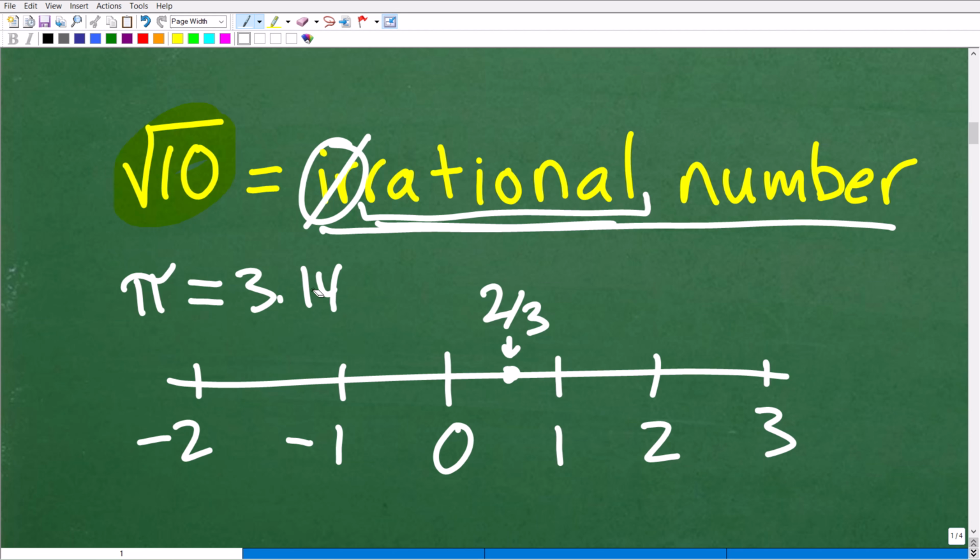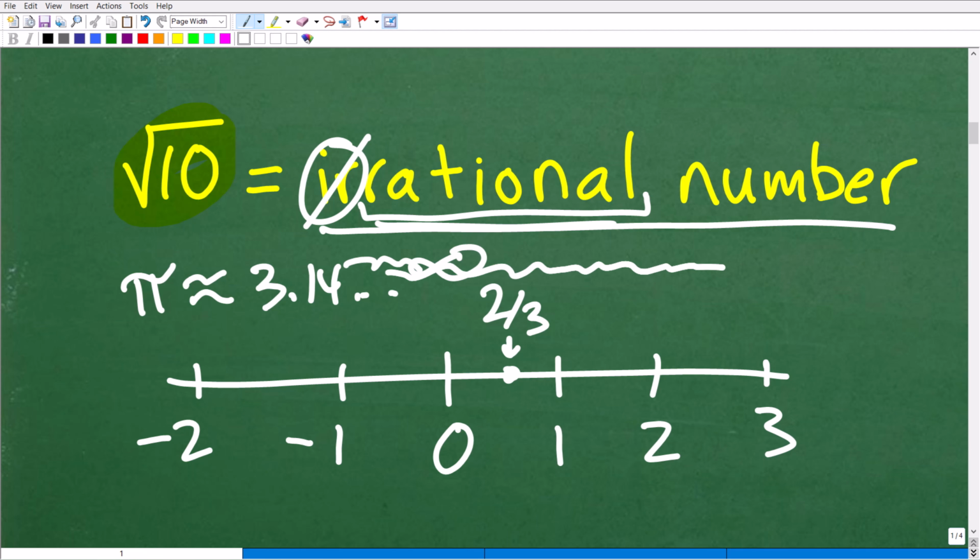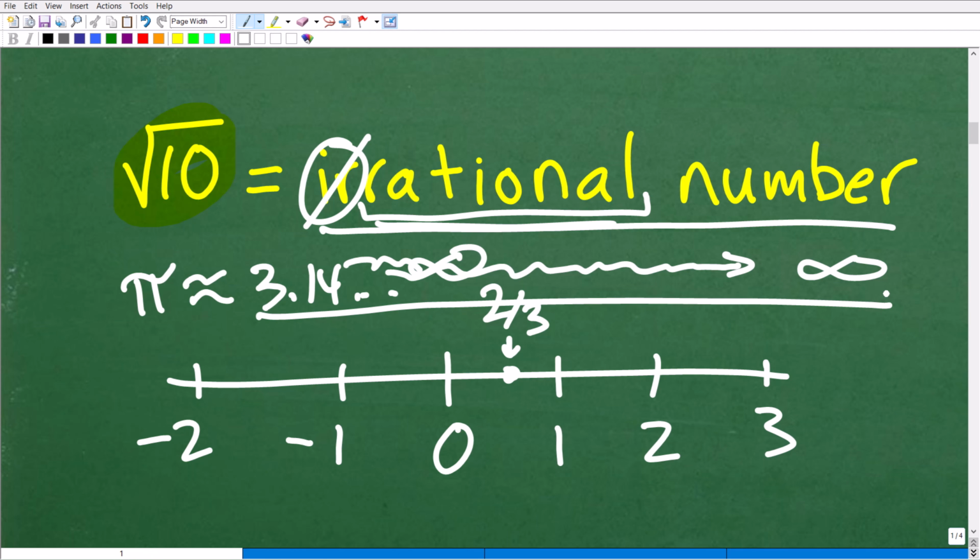No, that's a real rough approximation for pi. Pi is an irrational number. So you have 3.14, and this value for pi continues on and on to infinity, and the digits don't repeat and they don't terminate. They just go on and on and on in a random sense forever. So it would be entirely impossible to write out all the digits of pi.